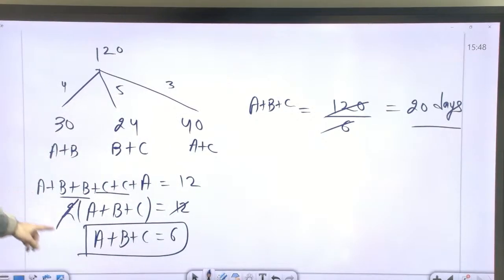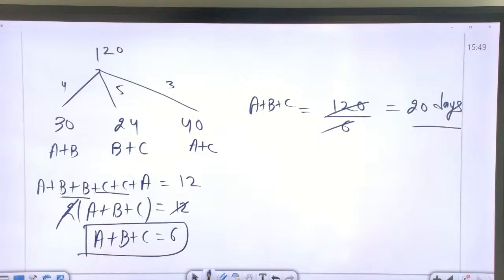This is efficiency, not number of days. So the answer is 20 days. Got it?